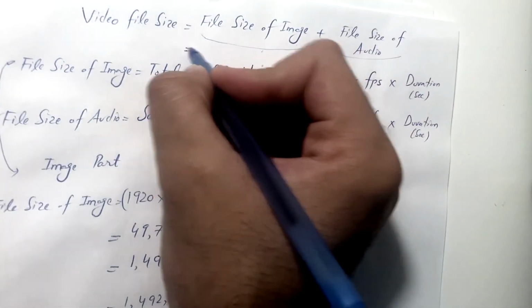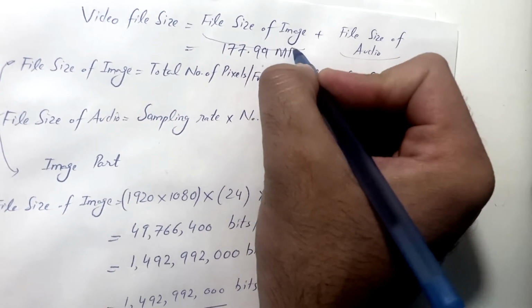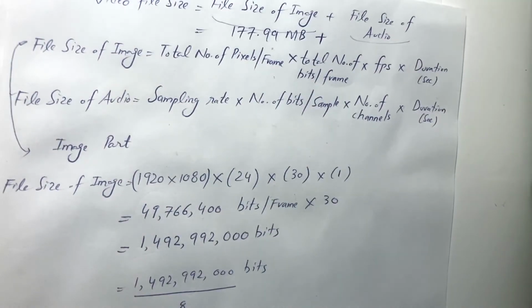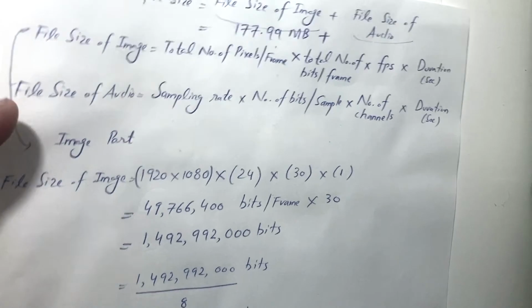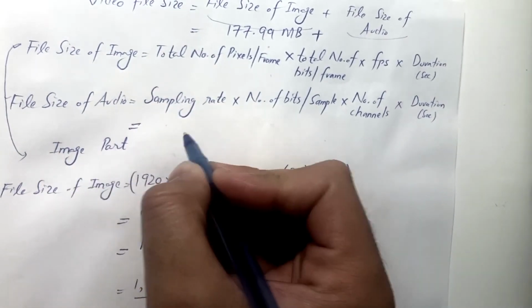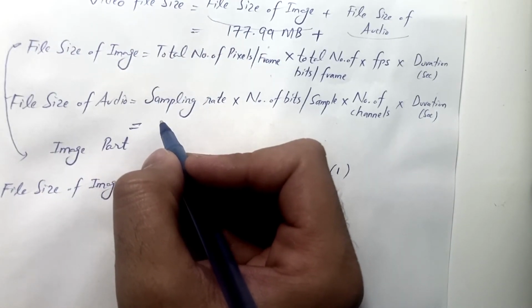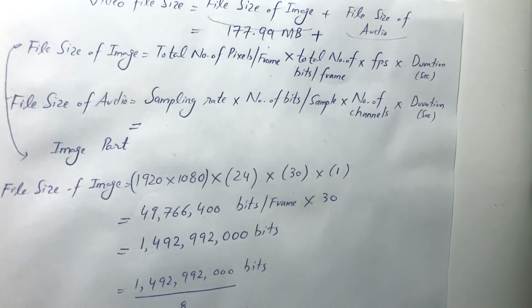So we got 177.99 MB plus, let's see the file size of audio. For the file size of audio, we're going to run this formula. The sampling rate is 48,000, so 48 kilohertz.